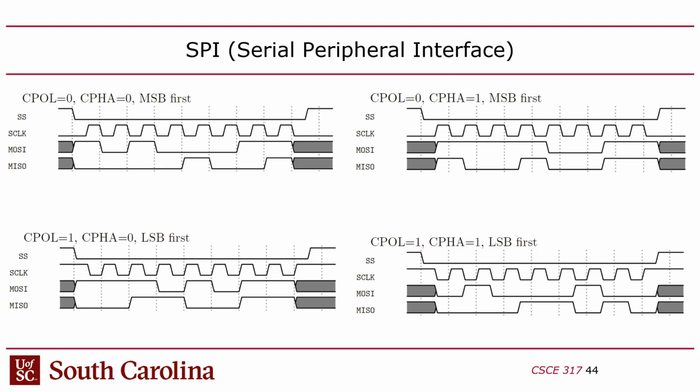So when CPHA is 0, it means the data changes before the clock, and when CPHA is 1, it means the data and the clock have their first transition at the same time, which in practice means that when CPHA is 0, both sides are sampling data on the first edge of the clock, whereas when CPHA is 1, both sides are sampling on the second edge of the clock.